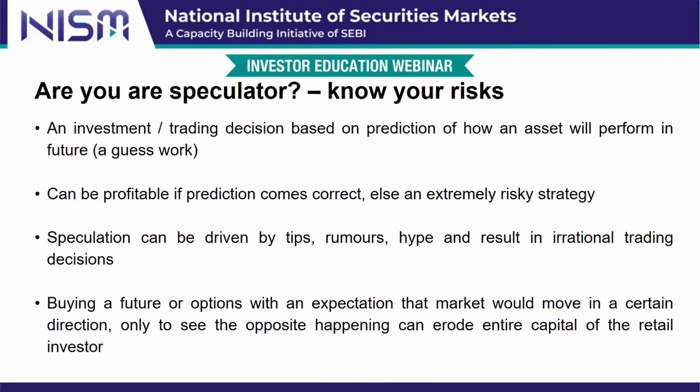So the first risk, when you look at derivatives, and I'm talking about the retail investor, or I would say the retail trader, a person having a limited amount of money to put in the markets. I'm not talking about the experts or sophisticated investors who have spent many years in the markets, have got the hang of all the latest tools and instruments, use the charts, and have become experts.